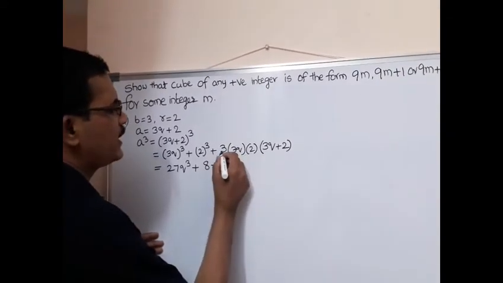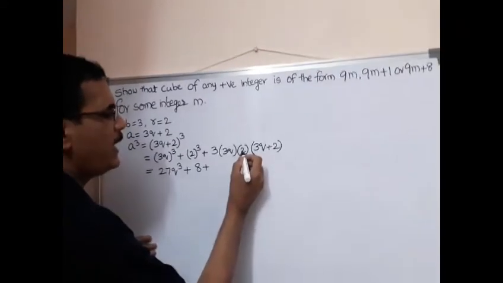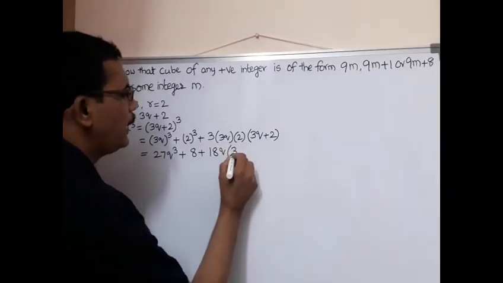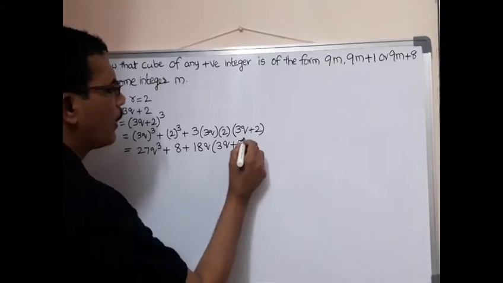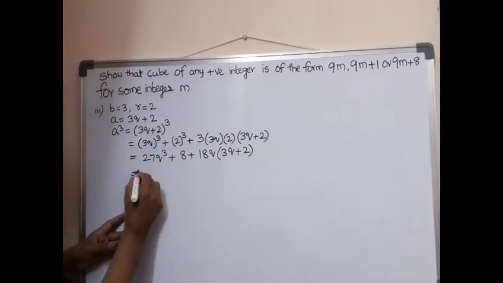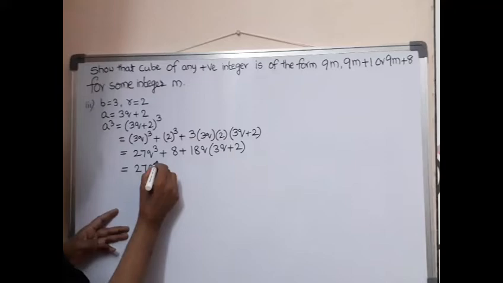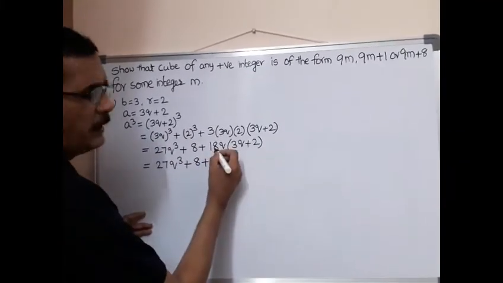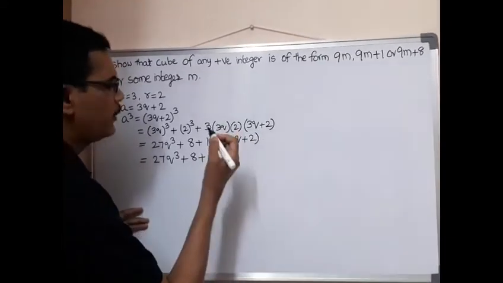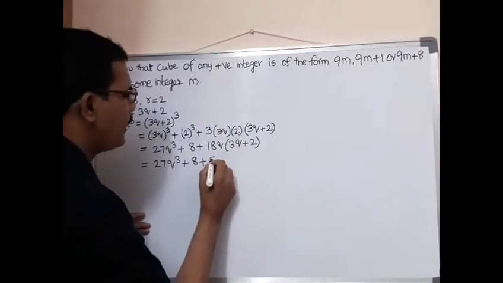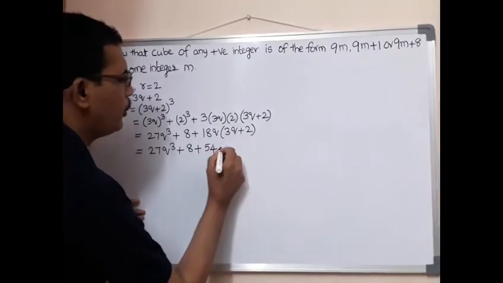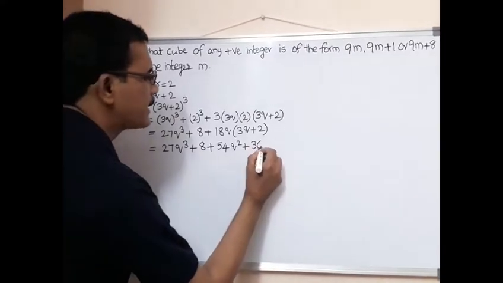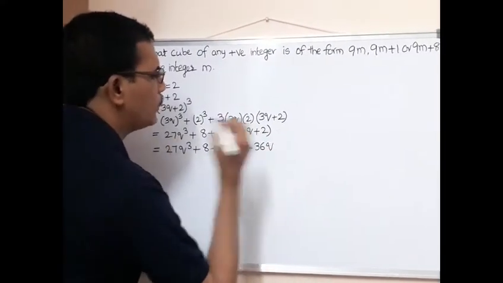Multiplying these 3 times, 3 3s are 9, 9 2s are 18q, so 18q of 3q plus 2. 27q cube plus 8 plus multiplying this 18q with 3q plus 2. 18 into 3, 54, q into q, q square. 18 into 2, 36, q into 1, q.